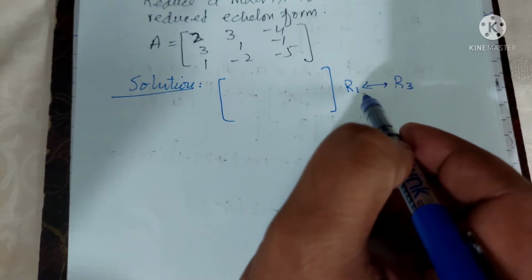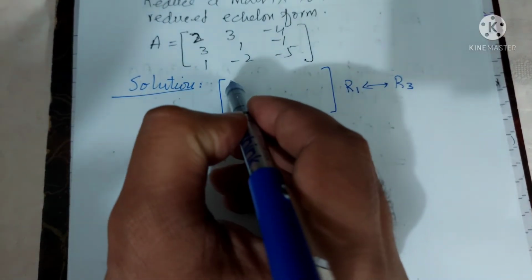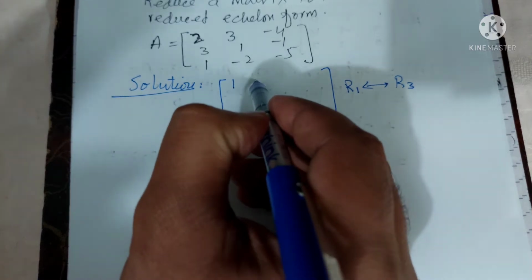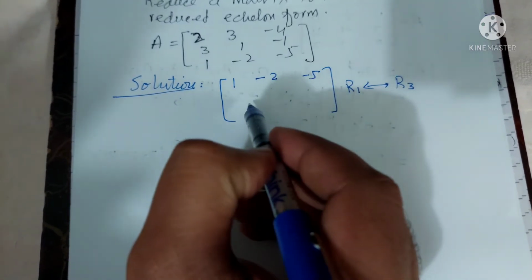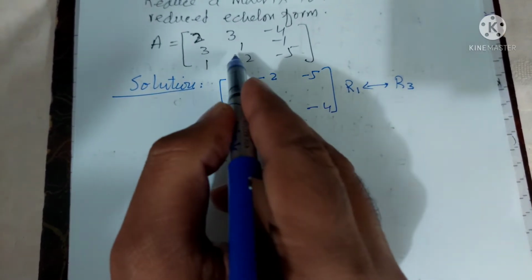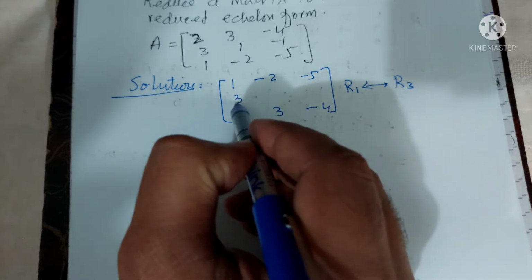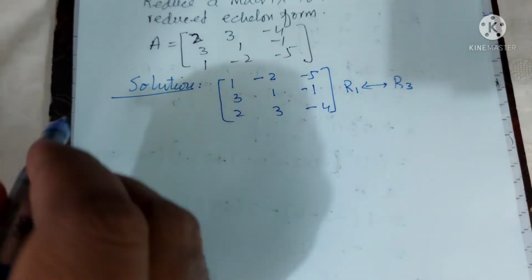This is the symbol of replacing one row with another. So we can write now 1, minus 2, minus 5, and 2, 3, minus 4, and the middle row will be in its own position, right?